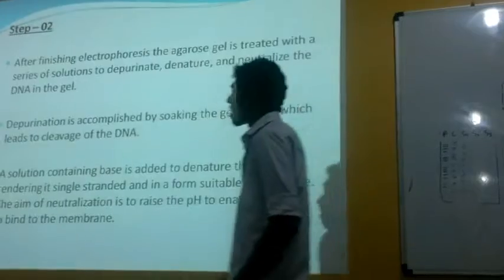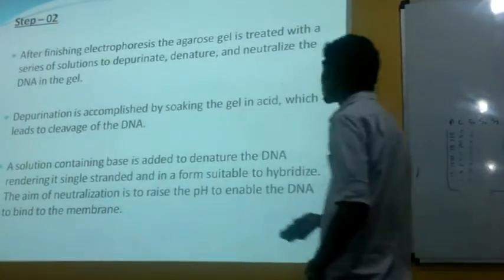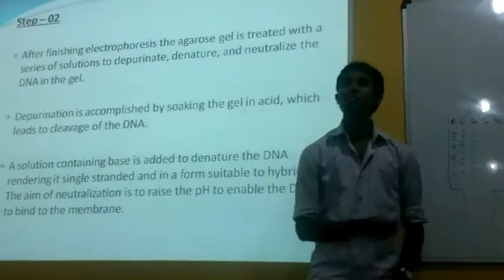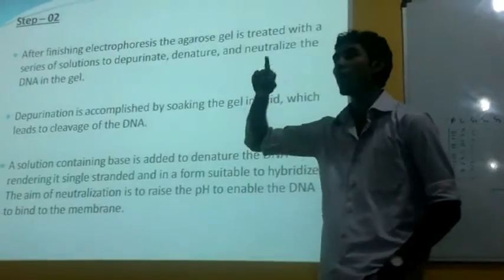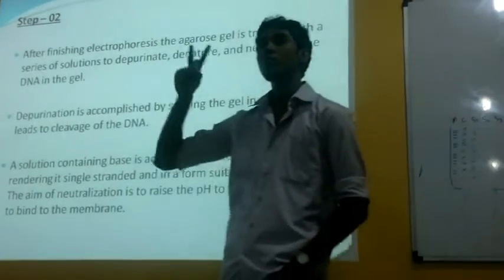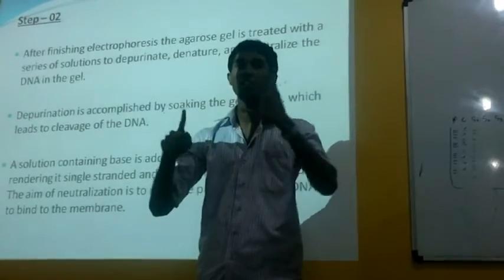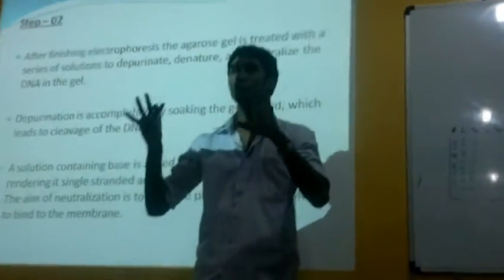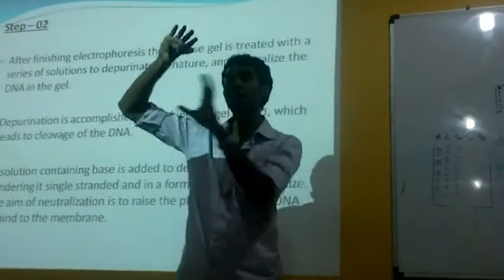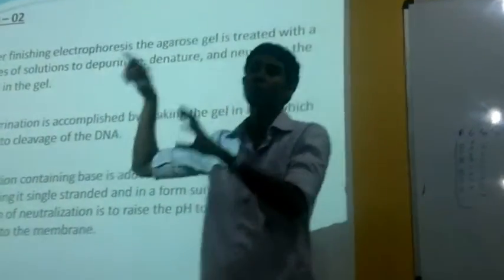I think you understand what denaturation and neutralization mean, but depurination is actually the breaking of the beta-N-glycosidic bonds between purine bases and the ribose sugar. You know the structure of DNA, so you should be able to visualize it. You have the DNA and the ribose sugar, and the purine bases are joined to them.